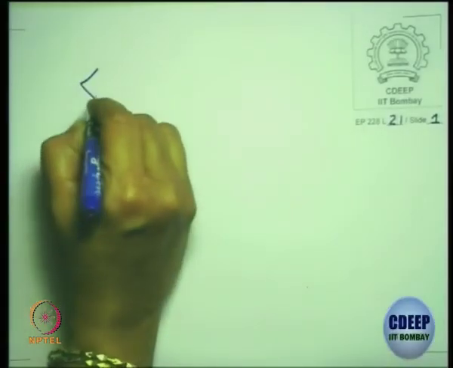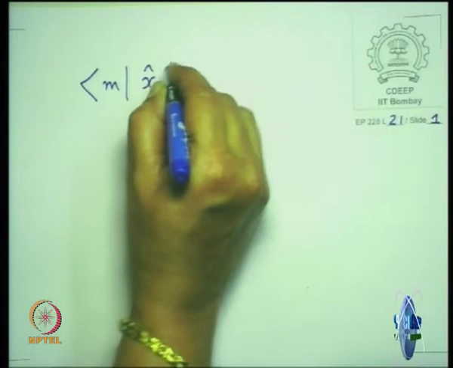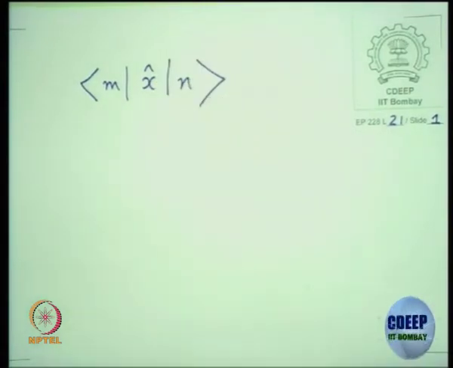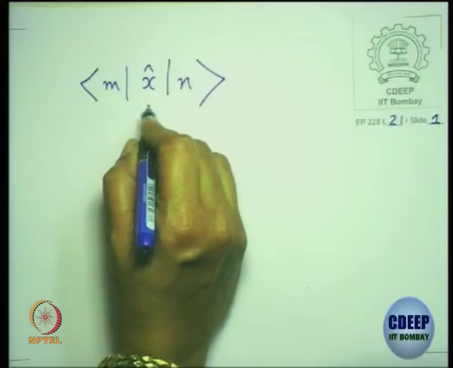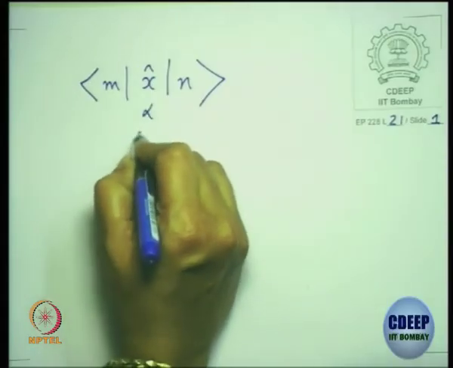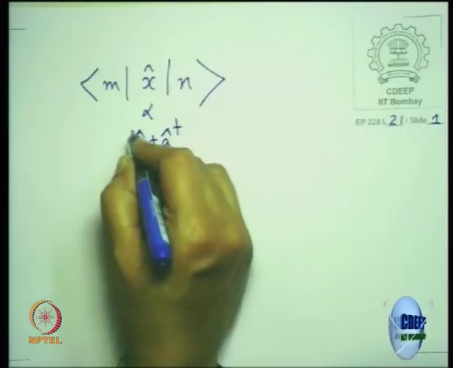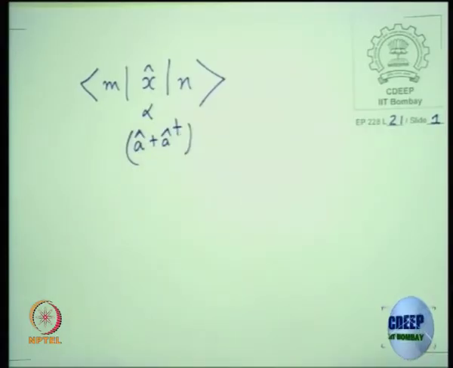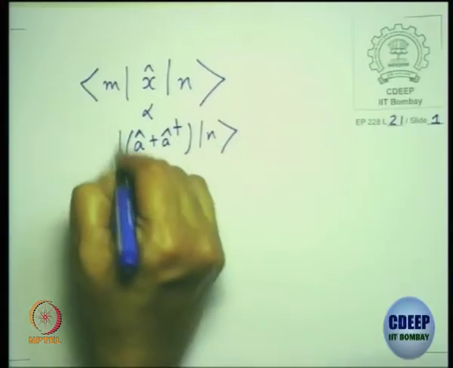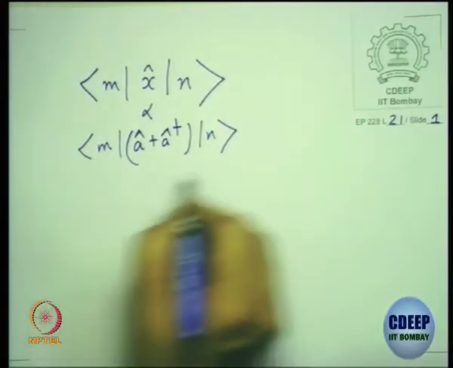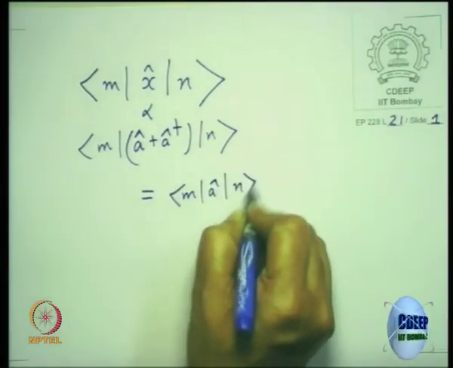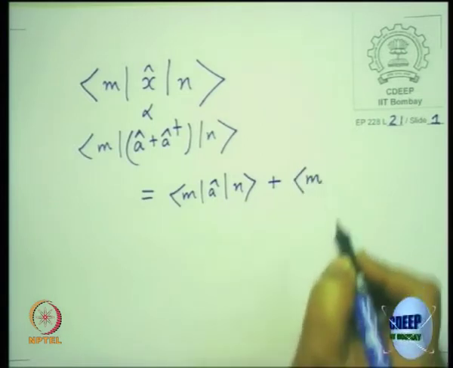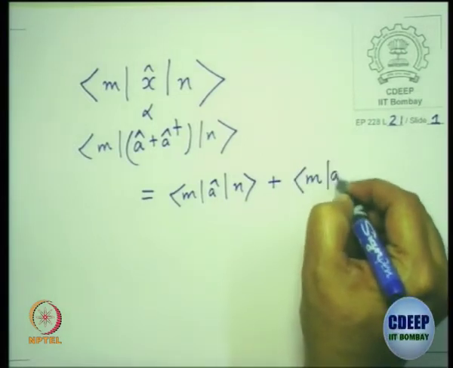So we want to work out the matrix element of the x operator between m and n, right? What is x? Apart from the factors, we'll put the factors later. This is proportional to a plus a dagger. So this is nothing but m a n plus m a dagger n.